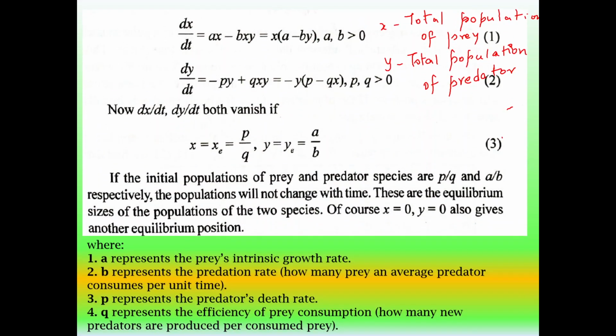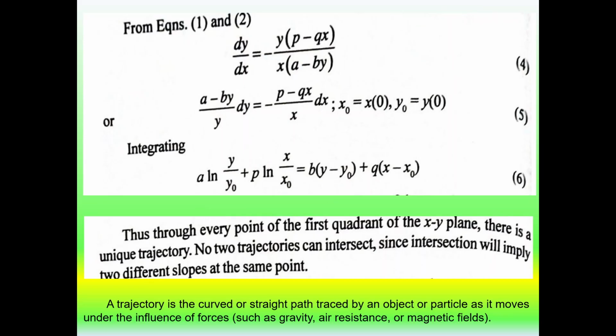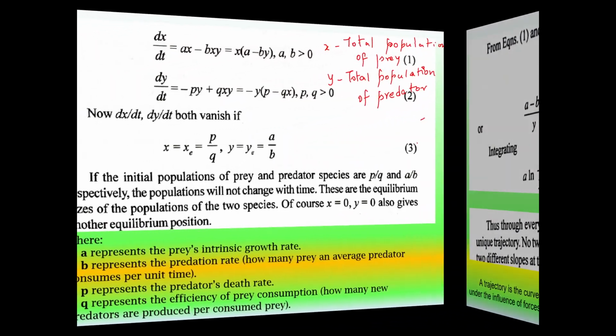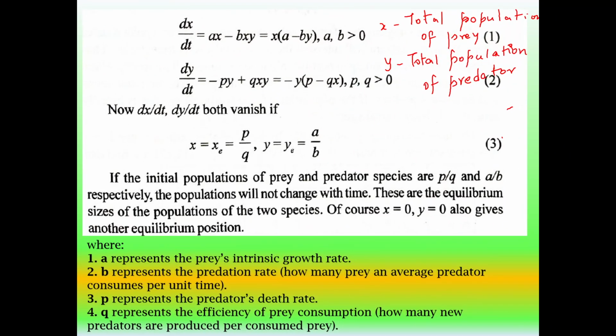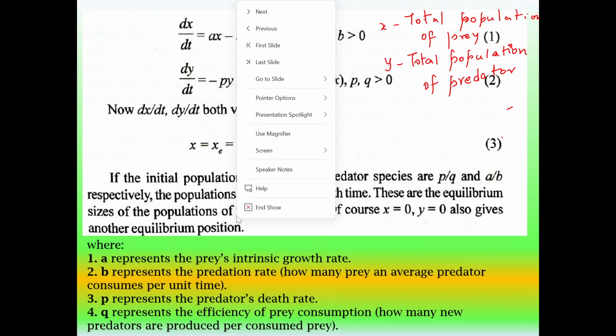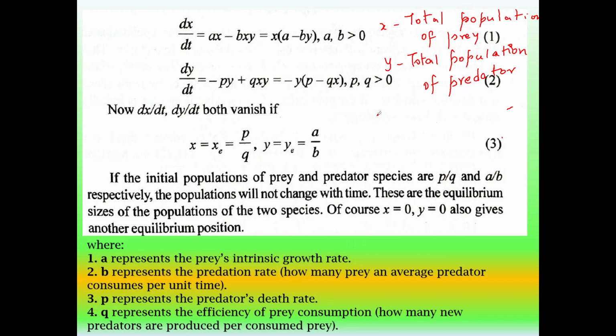The count of the prey can be calculated by using the first quantity as given here, that is AX. AX means the total population of the prey multiplied with the growth rate of the prey. So we consider here AX, and then the count of the prey will be increased in this case. That's why we assign here a positive sign.